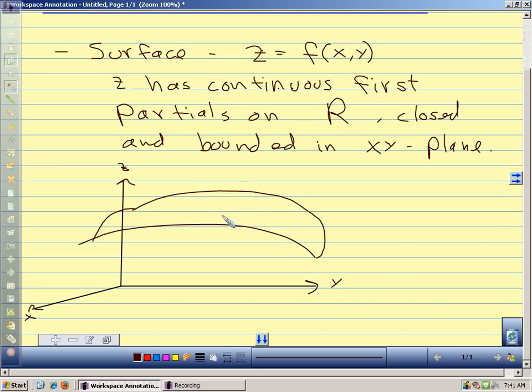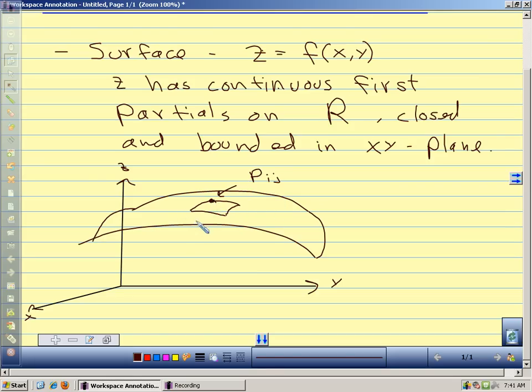And we're looking at a little piece of the surface up here like so. And we're going to say that this corner is at a point P sub ij, where we're going to talk about our x sub i and y sub j.